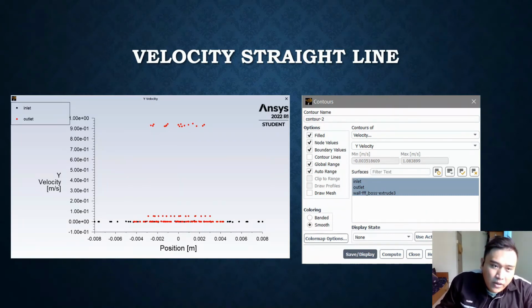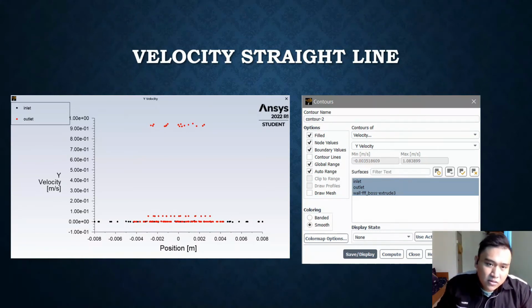And from the graph, we can observe that the velocity rises from the bottom to the highest point at 1.0839, and then it maintains the velocity until it drops again at 0.04.